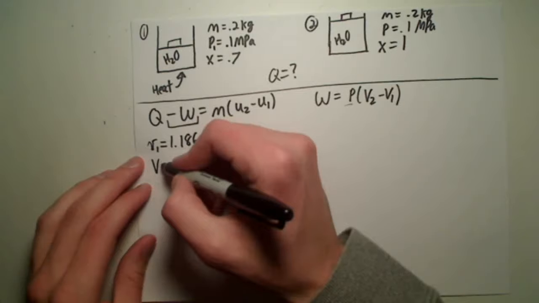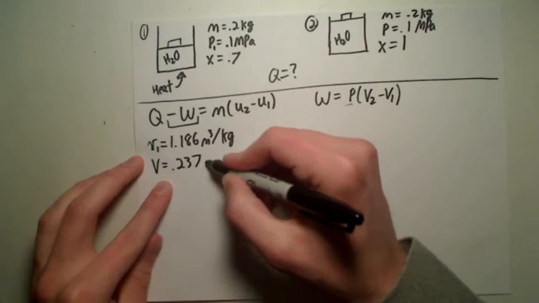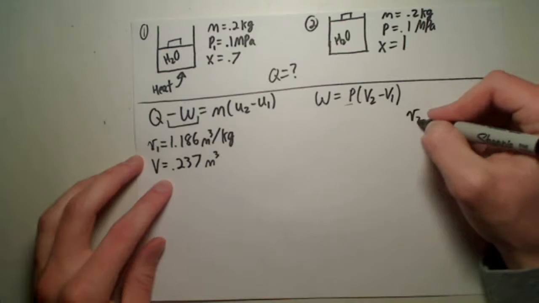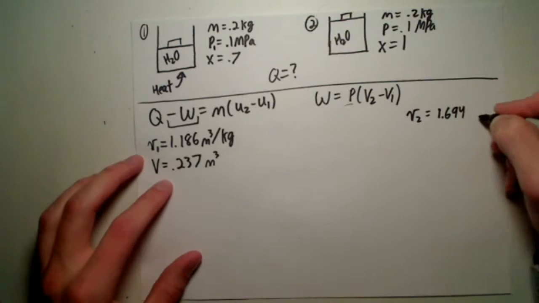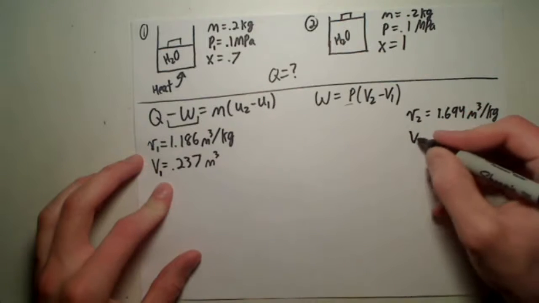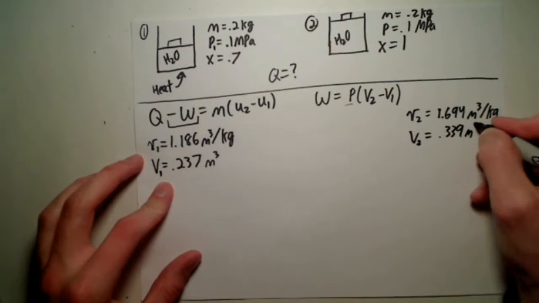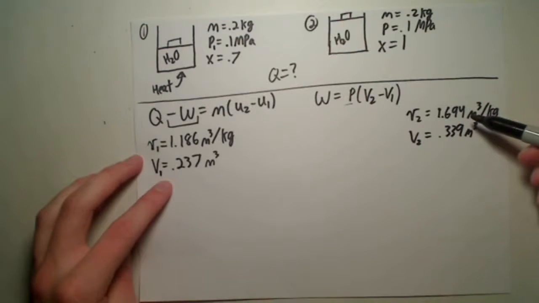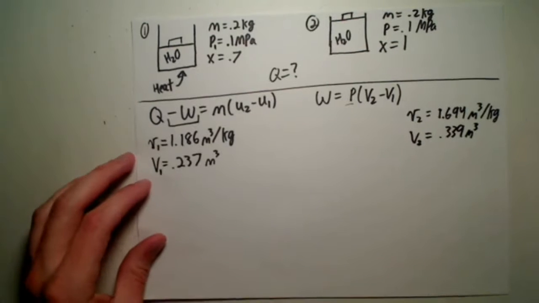So we know the volume equals 0.237 meters cubed. And now we have V2 equaling 1.694 meters cubed per kilogram. We multiply that by its mass, and we get 0.339 meters cubed. You might notice that this is the specific volume for its gaseous state, and that's because we have nothing but the gaseous state of H2O here.